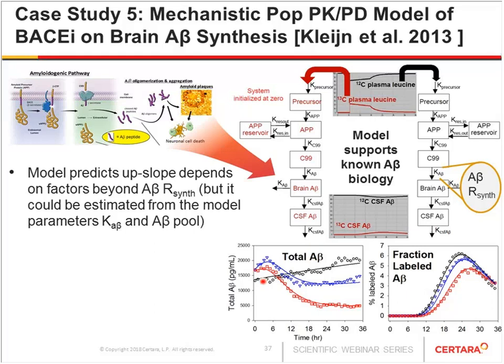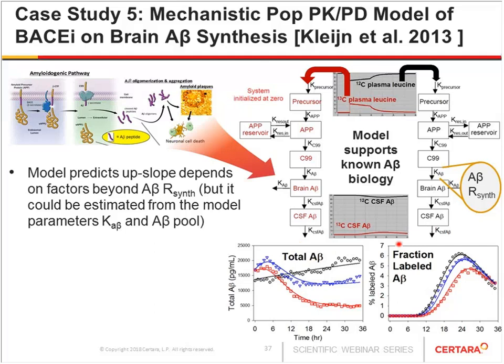As you can see at the bottom here, the model was able to closely describe the concentration versus time changes of total A beta in the brain, as well as the fraction of labeled A beta in CSF.